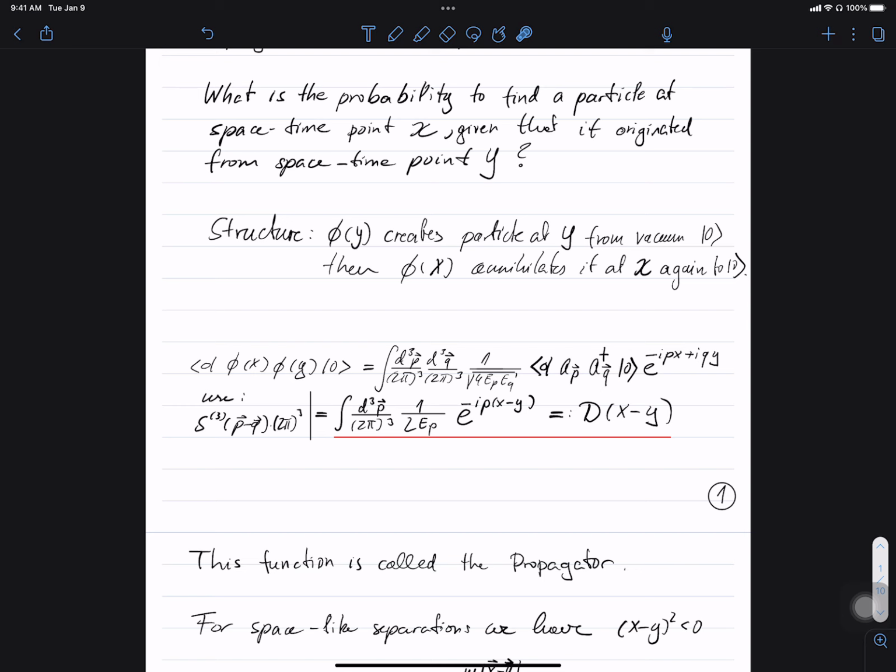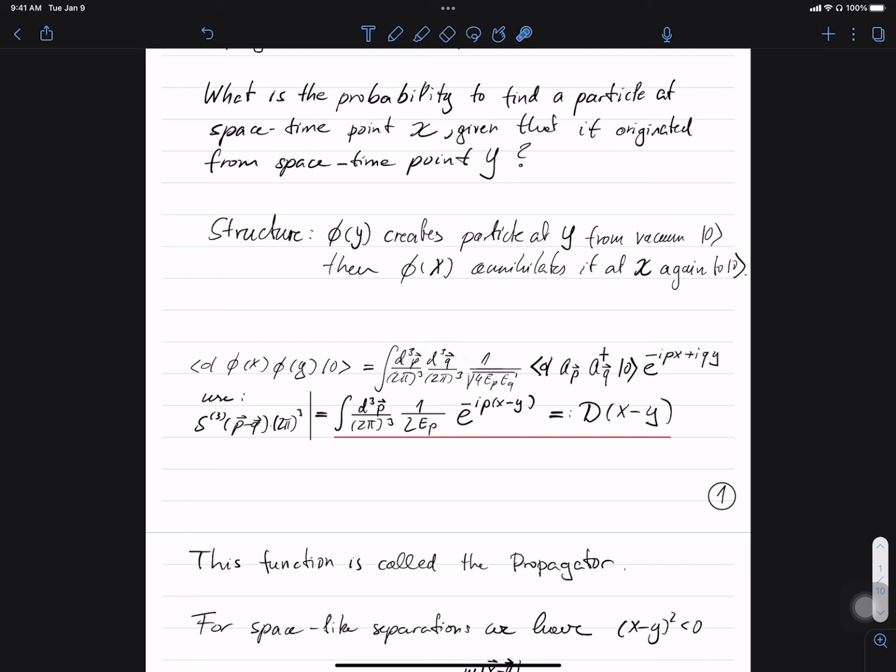We can evaluate it by, for example, pulling this operator onto the other side using the commutator, and then we will get rid of one of the states where the annihilation operator hits the vacuum, and the remaining delta function will get rid of the q integration. So we are left only with this expression here.